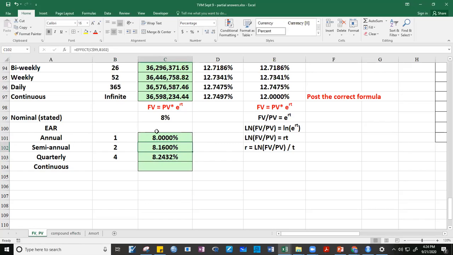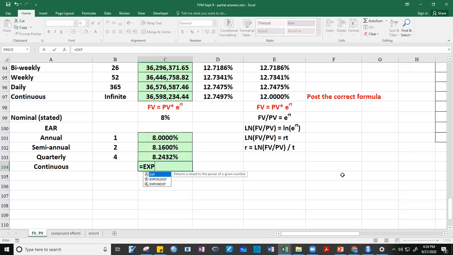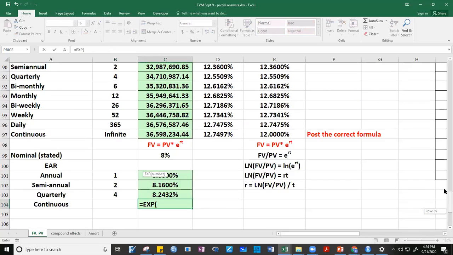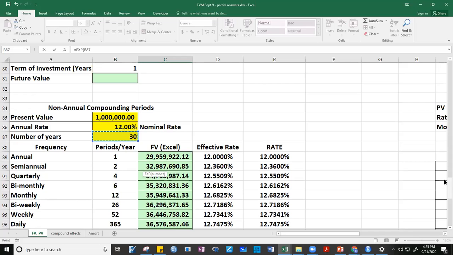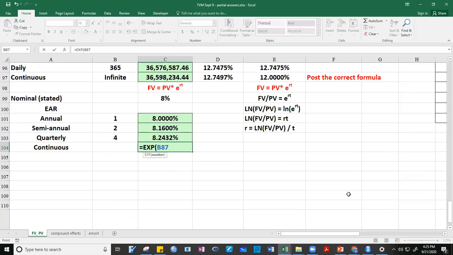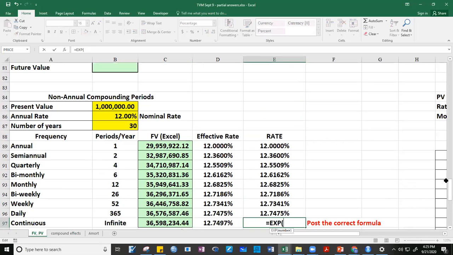Okay, ito, hindi natin kinompute si future value. Okay, naalala ko na yung formula nito. Is equal to e to the exponential r, e to the rt exponential r.